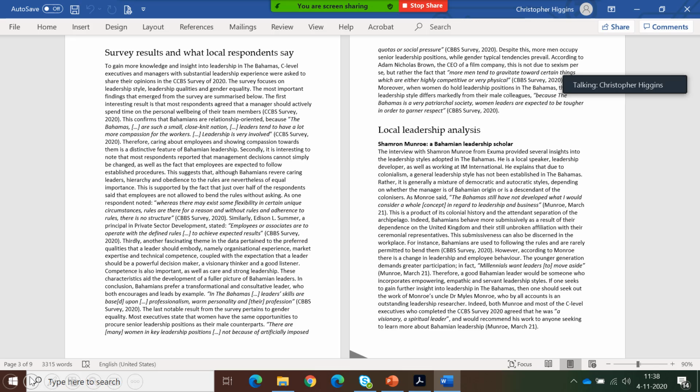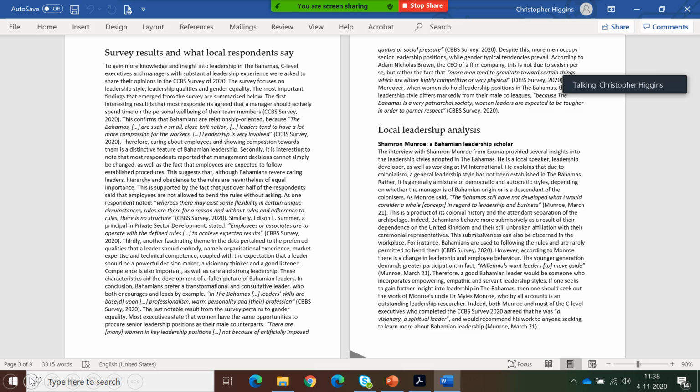And again, they then explain this confirms that Bahamians are relationship orientated, and then they go on to cite a quote from one of the open-ended answers, again from the CCBS survey, to expand, to illustrate, to give a little bit more detail. Then they use another transitional phrase to sum up and clarify what the cause of this is. Therefore, caring about employees and showing compassion towards them is a distinctive feature of Bahamian leadership. Great. Sums up, close. That's the first finding. That's the first theme discussed.